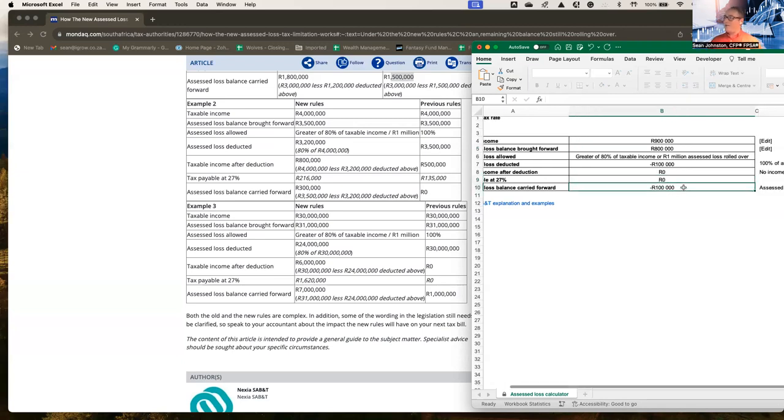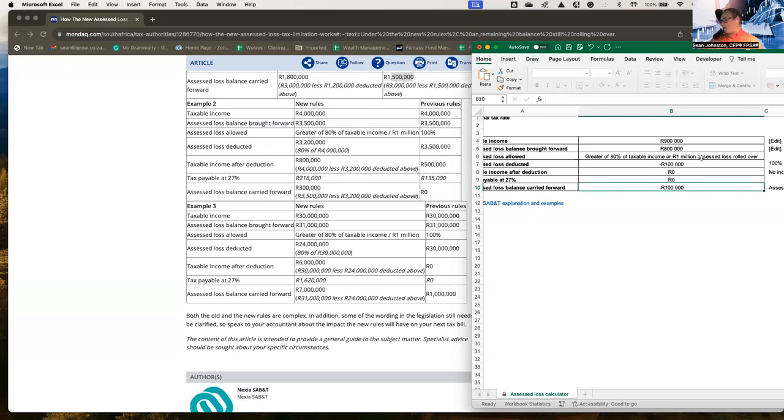I've tried to factor in this template, but there's so many formulas that are running based on the different scenarios. But in this case, if it's under 1 million and your assessed losses is less than your taxable income, you apply very basic accounting principles.